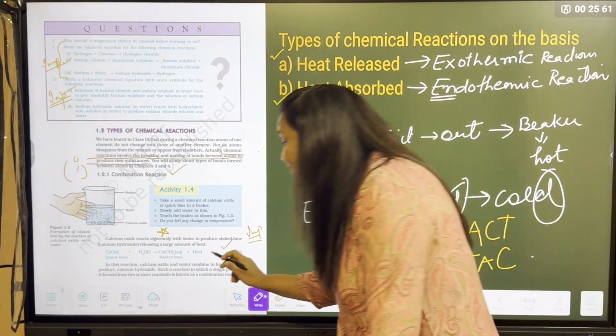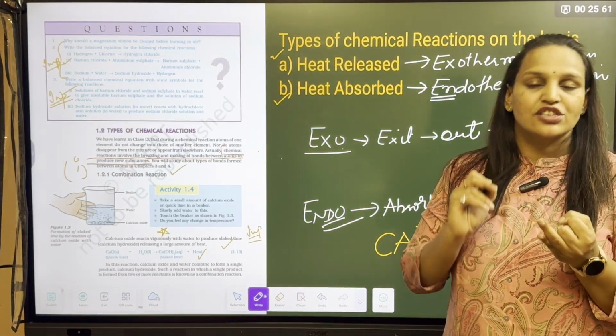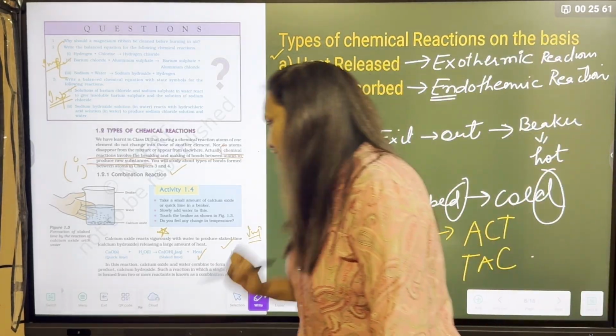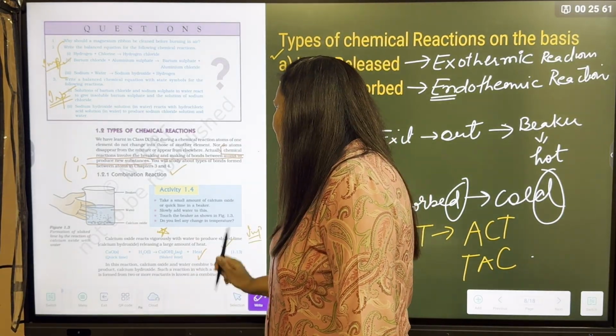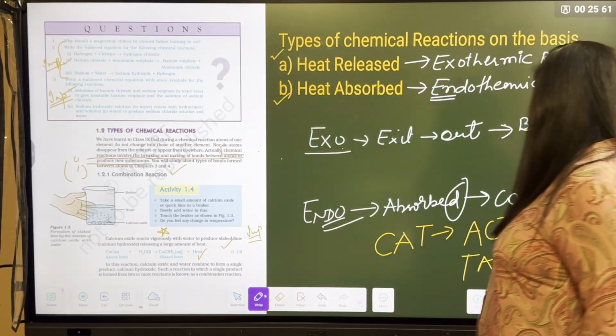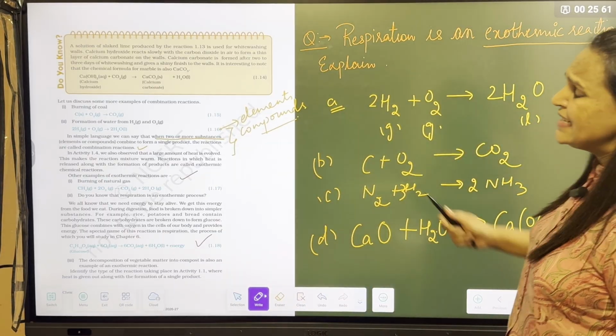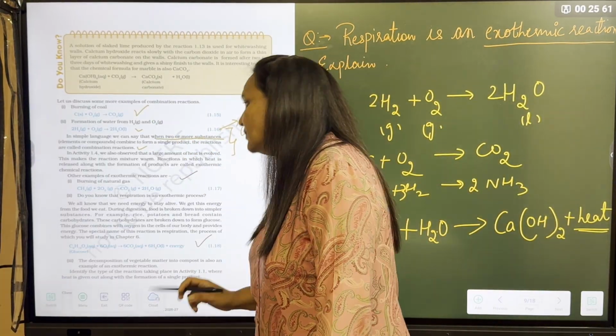Releasing means it is an exothermic reaction. So this reaction belongs to combination and also to exothermic reactions, and it is a self-balanced reaction. Calcium oxide combines with water to form a single product, calcium hydroxide. These are other examples: carbon plus oxygen, hydrogen plus oxygen.